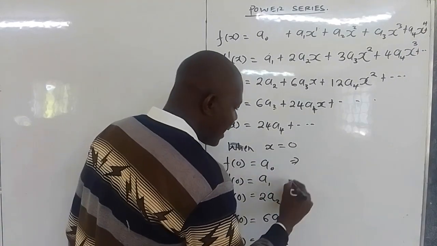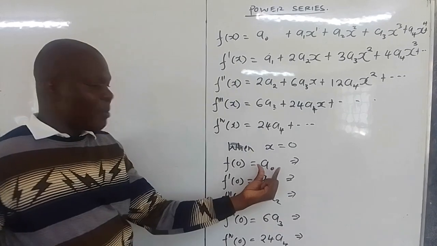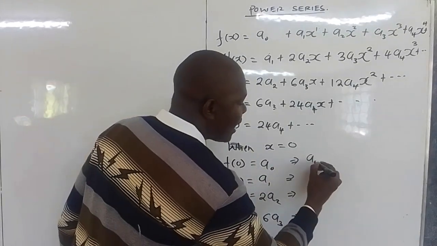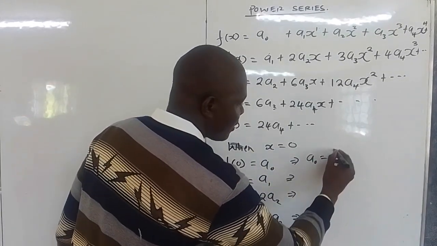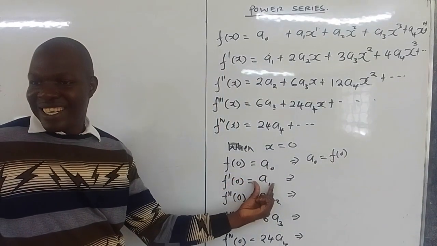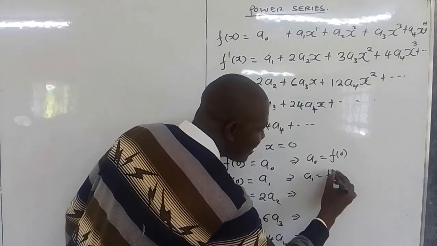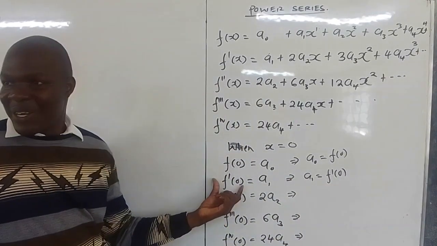When you now make a the subject of the formula, it means that a naught is equal to f of 0. When you make a the subject of the formula, isn't it? Are you seeing that? And this one means a1 is f prime of 0, isn't it?